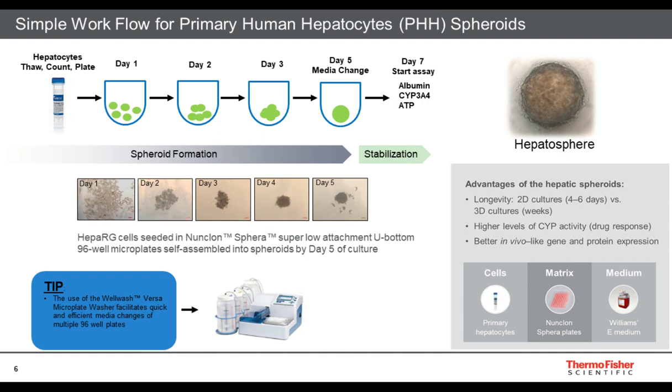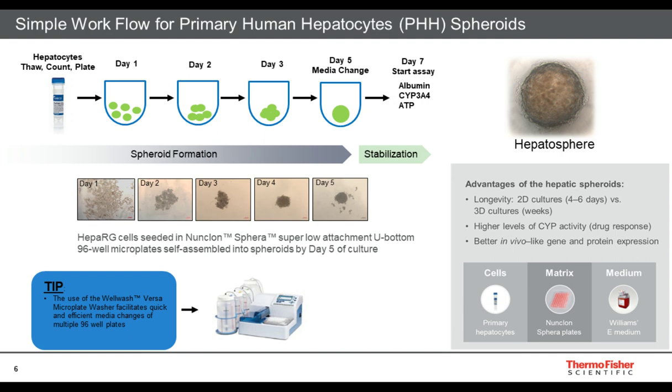Okay, so I'm going to jump right into the workflow with our primary human hepatocyte spheroid system, or kit. This is a kit we put together and launched last year, about 9-10 months ago, that consists of cryopreserved human hepatocytes that have been pre-qualified, screened for their ability to robustly form spheroids.